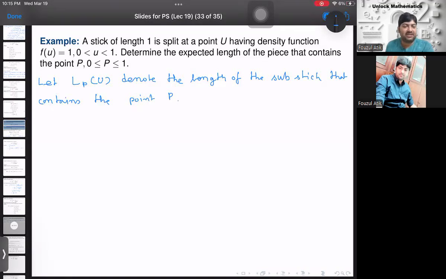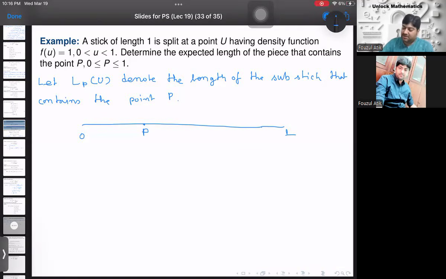Now let us understand this situation through some graphical notation. Initially I have a stick of length 1, between 0 and 1, and I have a point P in it. But this stick is actually split somewhere.